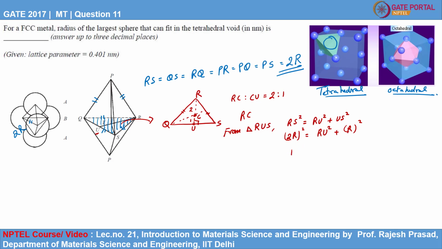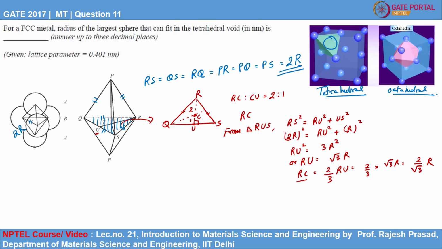From this equation, RU square is nothing but 3R square, or RU is root 3 R. We are interested in RC. RC is nothing but 2 by 3 of RU, that is 2 by 3 into root 3 R, which is 2 by root 3 R.